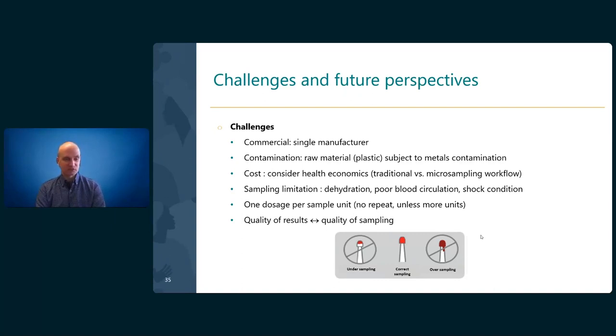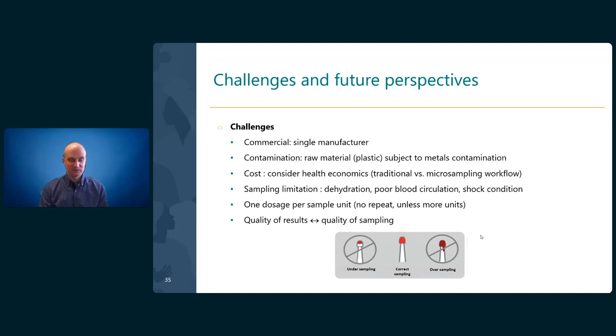Another challenge for now is the use of the sample units. If you collect only one VAMS, you cannot repeat the test. So for that reason, you have to collect two or more Mitra sample devices.